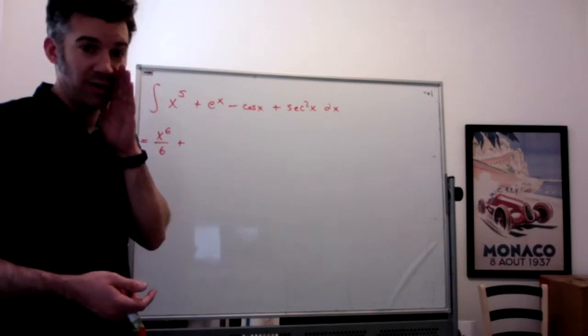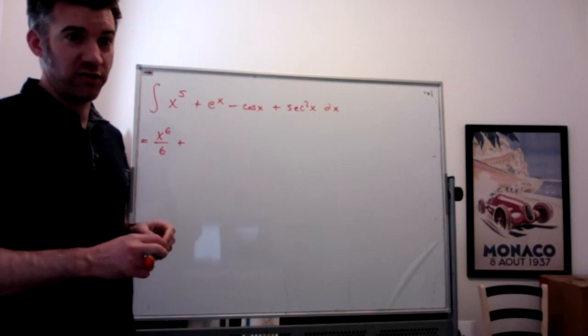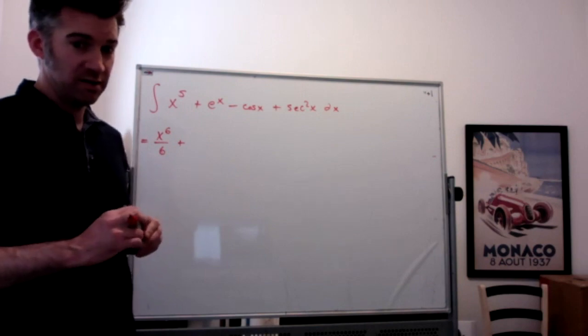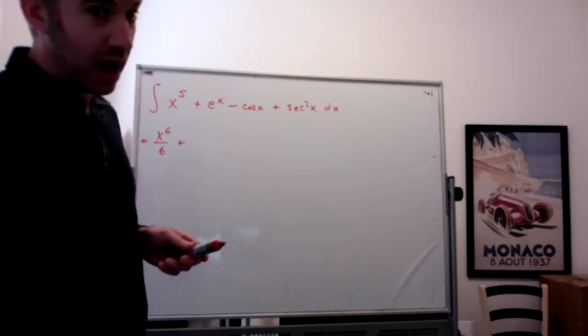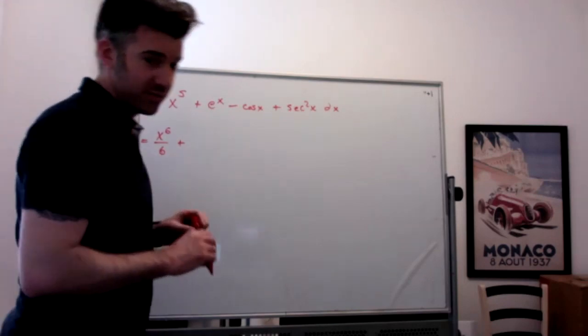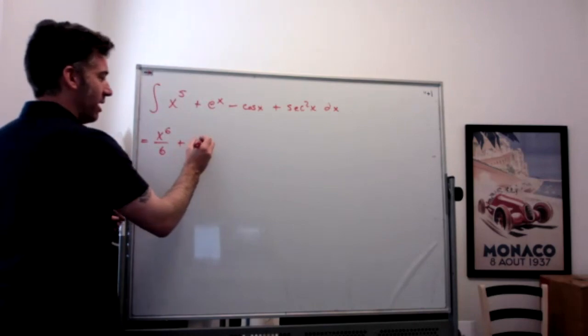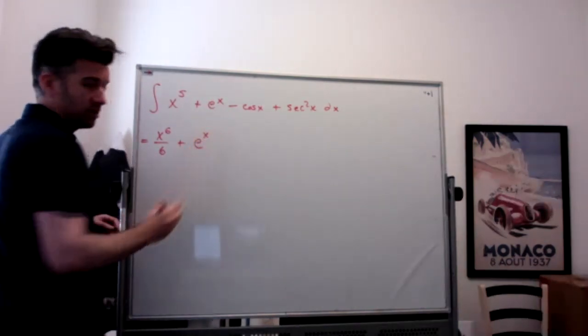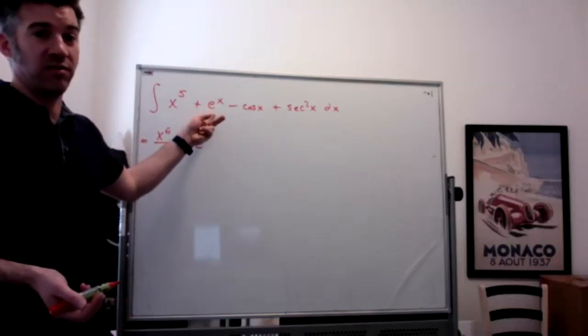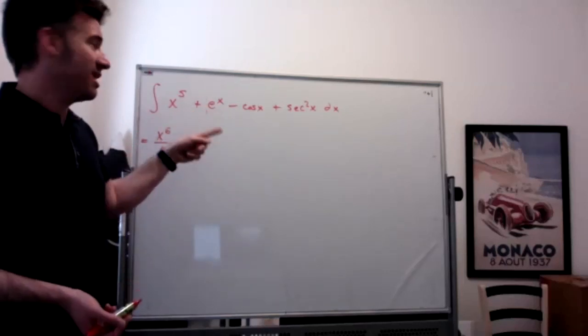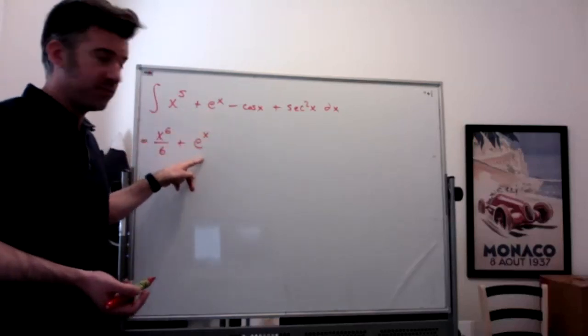You guys all know this one. Right, e to the x is its own derivative. So the antiderivative of e to the x is e to the x.